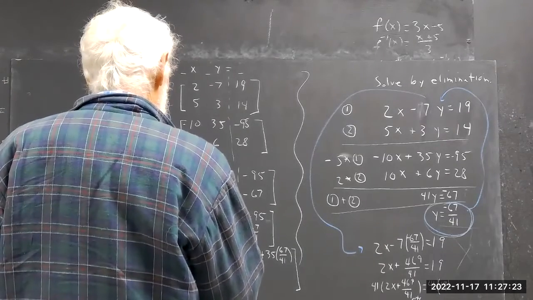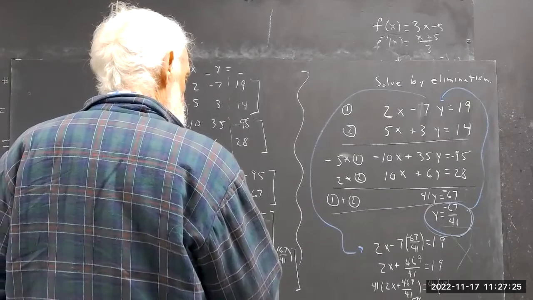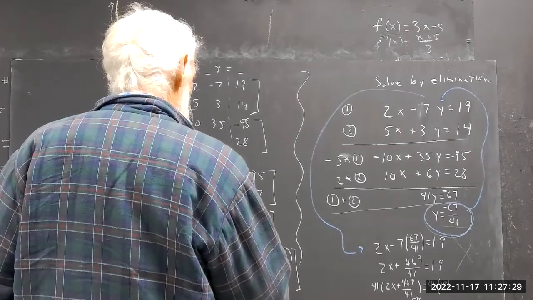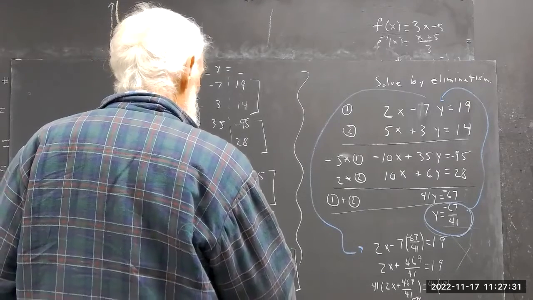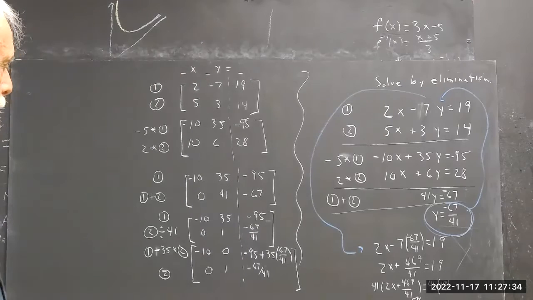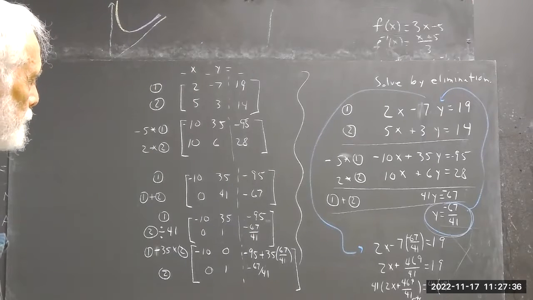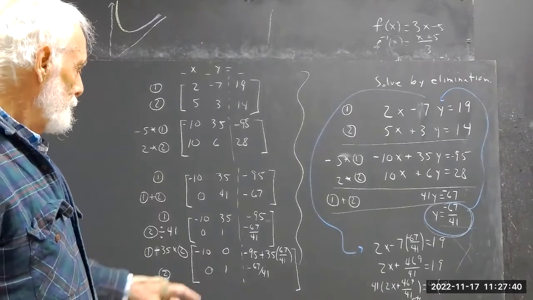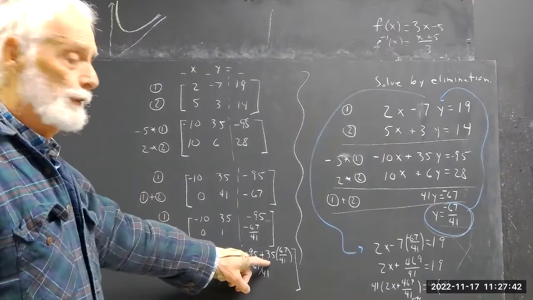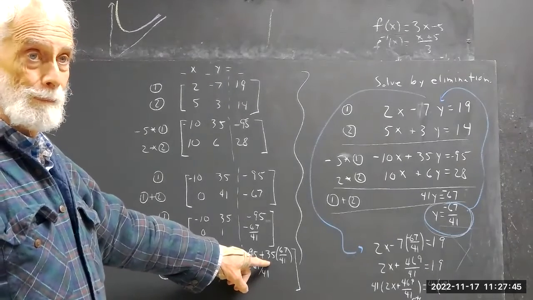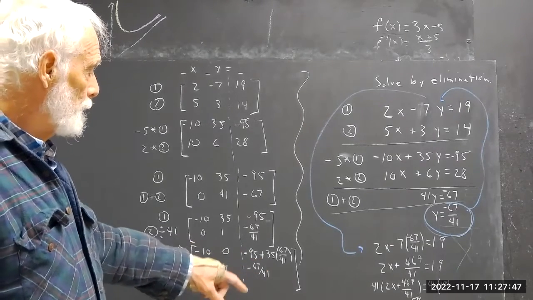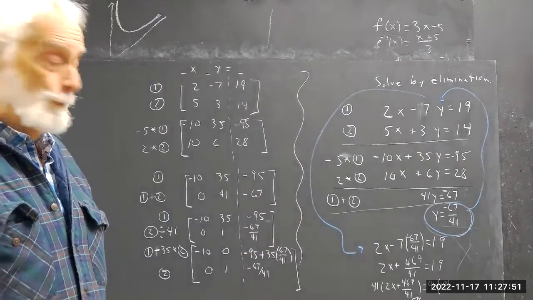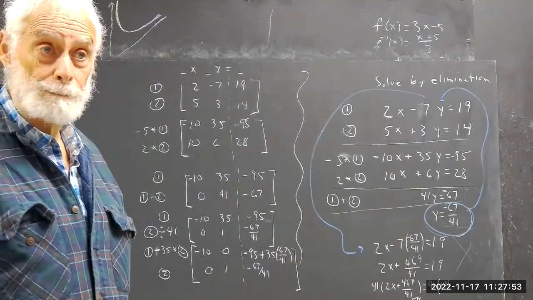I've got 0, 1, negative 67 over 41 here. Then all I do is divide this row by negative 10 to give me 1, 0, and all this divided by 10. And that's something you can just plug into your calculator.